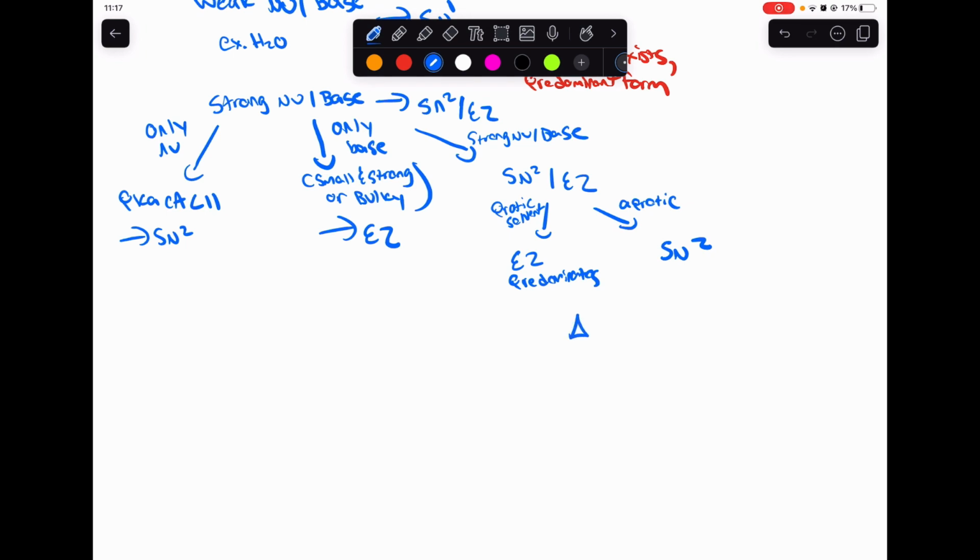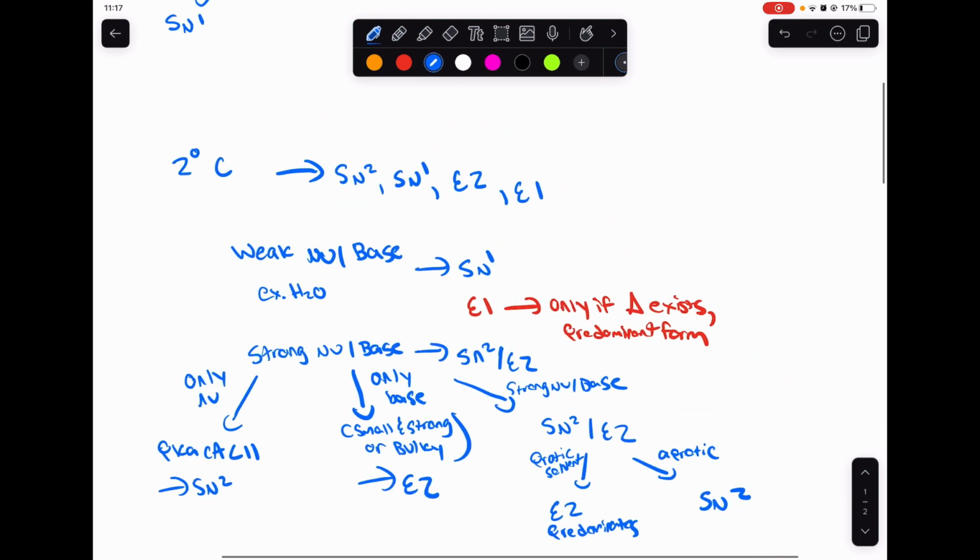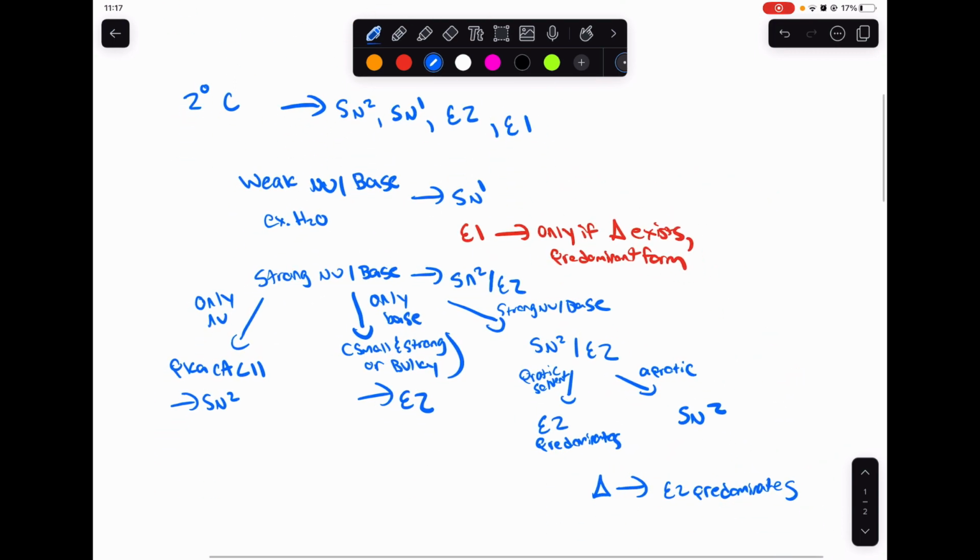And if heat exists, E2 predominates. Now, we've gone through the most complicated one, when our alpha carbon is secondary.